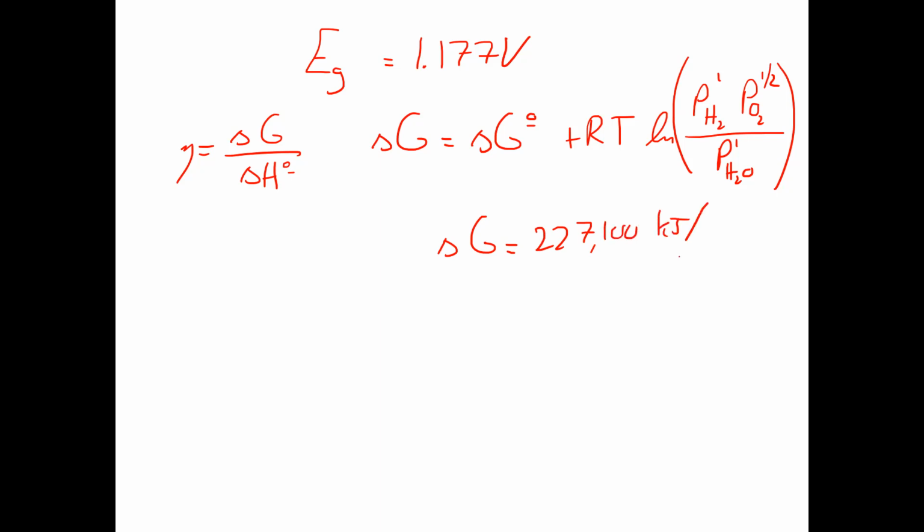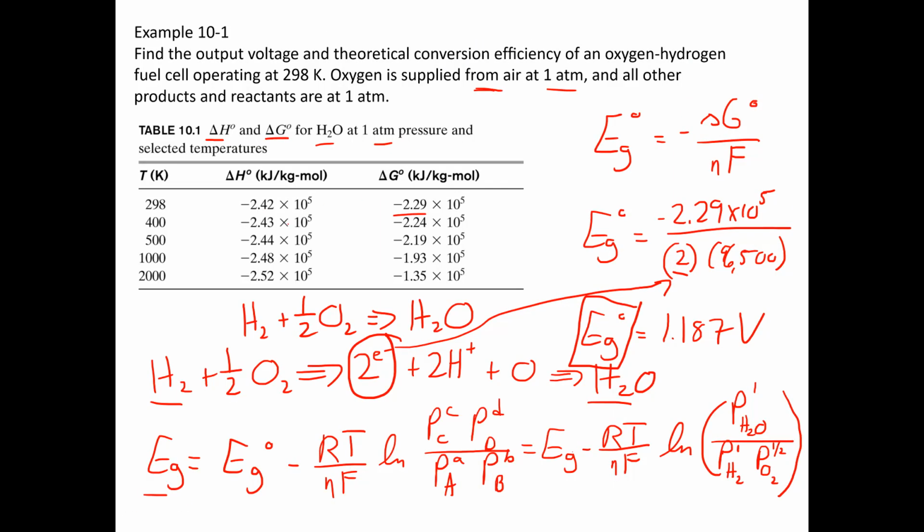227,100 kilojoules per kilomole. So we would take that 227,100 kilojoules per kilomole divided by the reference change in enthalpy at 298 Kelvin, which is the operating temperature of the fuel cell, which would be 2.42 times 10 to the 5 kilojoules per kilomole.